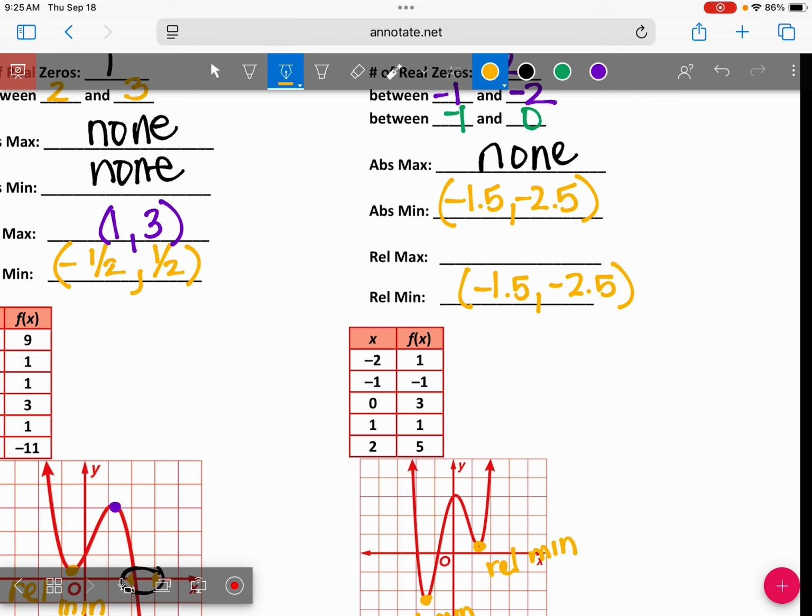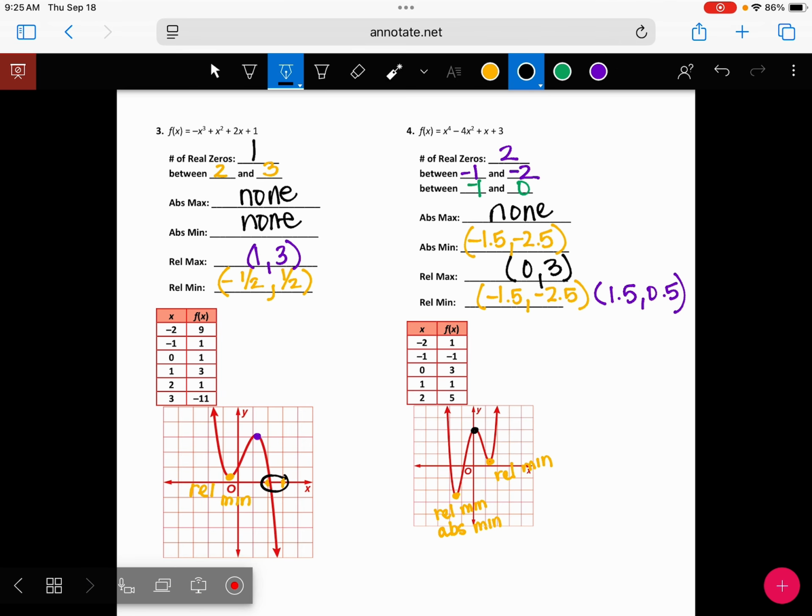And then I have another dip, and that looks like it's about 1.5 and +0.5. Again, that's just an abbreviation. And then lastly, I have this hilltop, which is a relative max, not an absolute max. That looks like it is close to 0.3. All right, any questions?